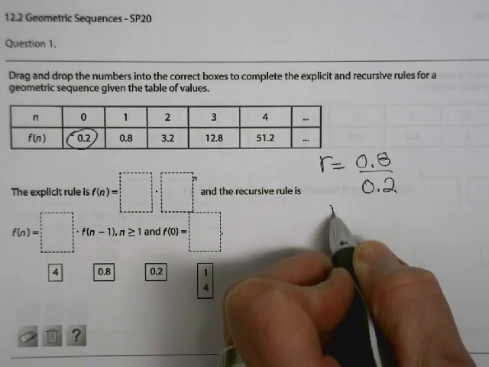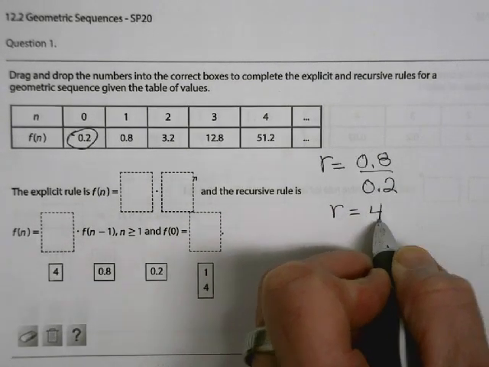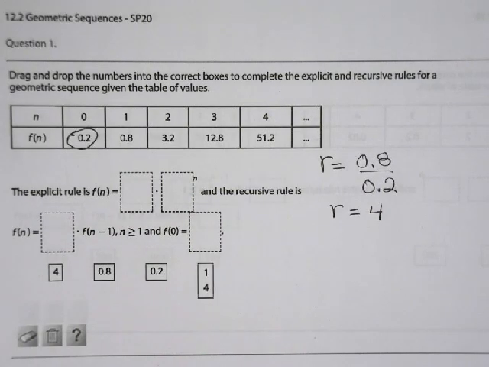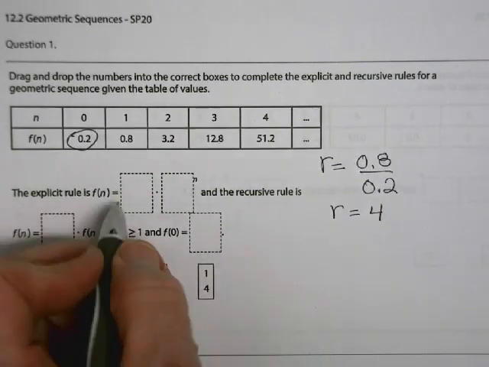I need an A and I need an R. Second one divided by first one.